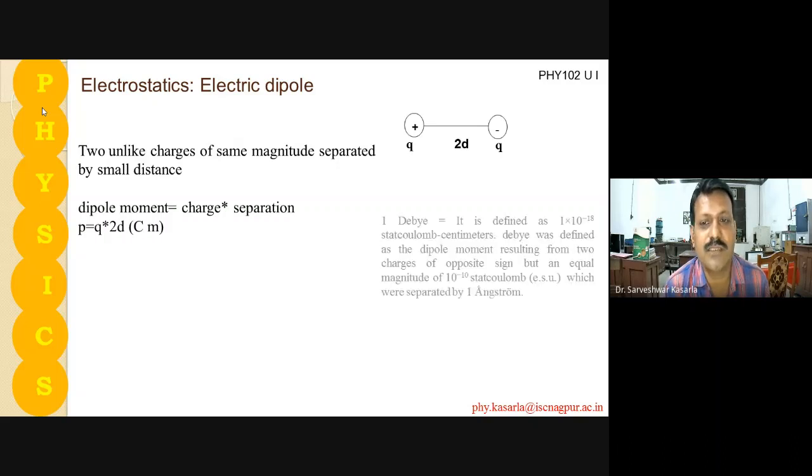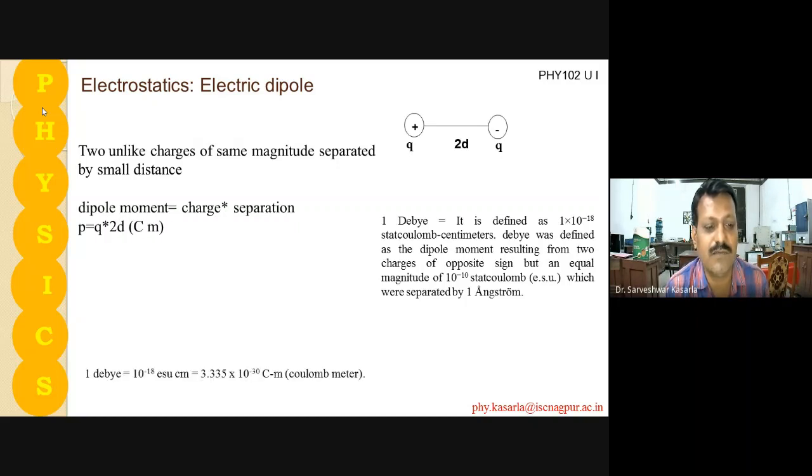So let us discuss the earlier, ancient units. 1 Debye is one of the units of dipole moment, and 1 Debye is equal to 10 to the power minus 18 statcoulomb centimeter. That is, a magnitude of 10 to the power minus 10 electrostatic unit charge separated by 1 angstrom will produce 1 Debye dipole moment.